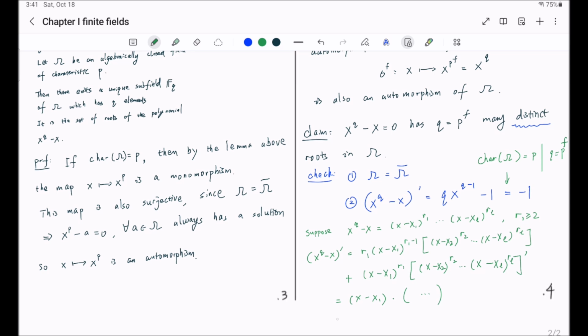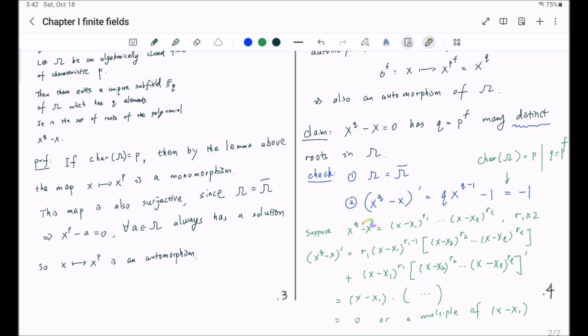And this guy is either 0 or a multiple of x minus x1. So the formal derivative of this guy cannot be equal to minus 1. So we have a contradiction here. And this contradiction comes from the fact that we assumed that this guy has a root of multiplicity at least 2.